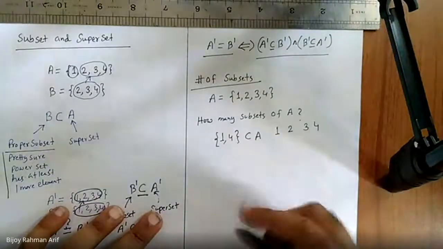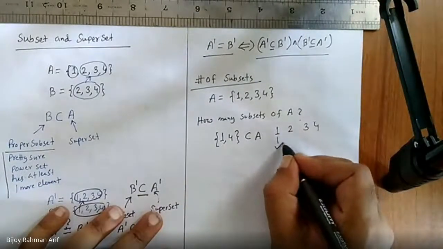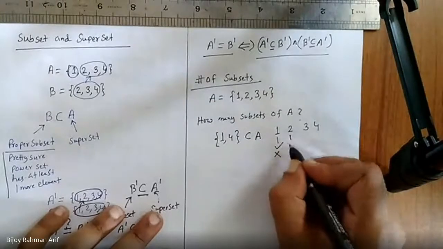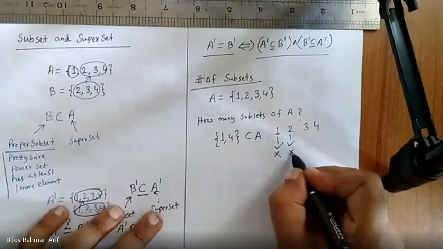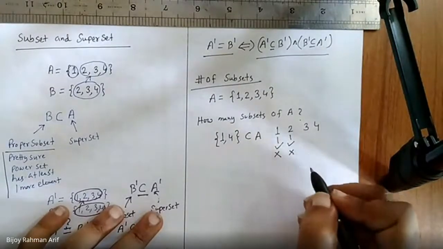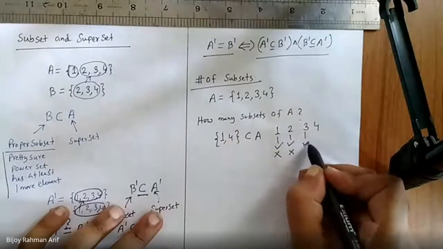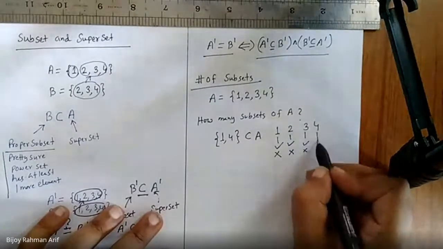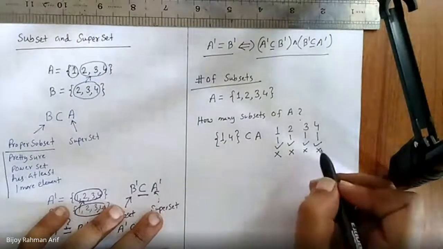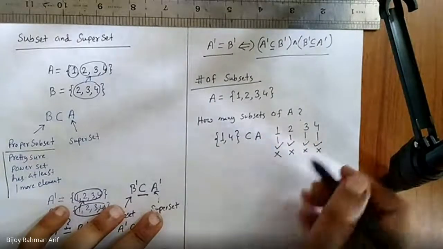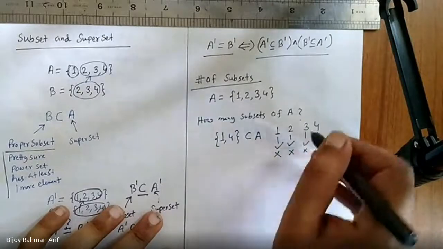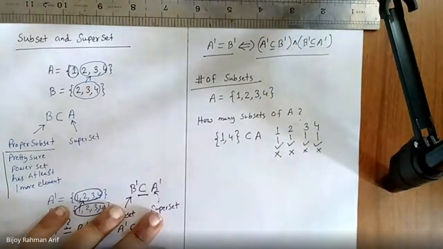In a subset, 1 might be present, 1 might not be present. 2 might be present, 2 might not be present. 3 might be present, 3 might not be present. 4 might be present, 4 might not be present. So using different combinations of 1, 2, 3, 4, we can create all the subsets, right?